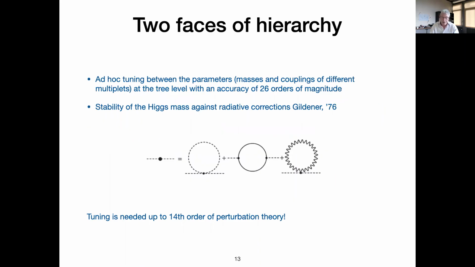If all these corrections are suppressed by alpha, then you have to make this tuning up to 14th order of perturbation theory, and that doesn't sound good. It seems that there is some artificial requirement.